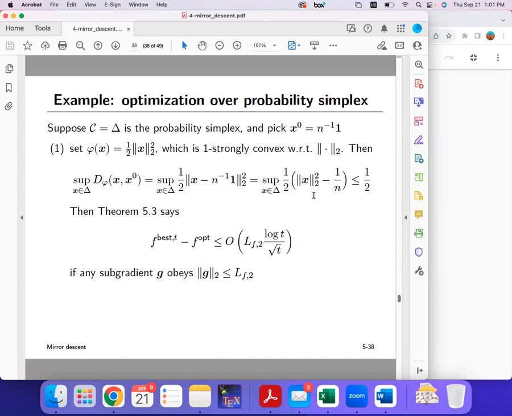It's a simple calculation. You simply expand this square term. You will have the x squared term first, and then the 1 over n squared term. Maybe I can do it here.